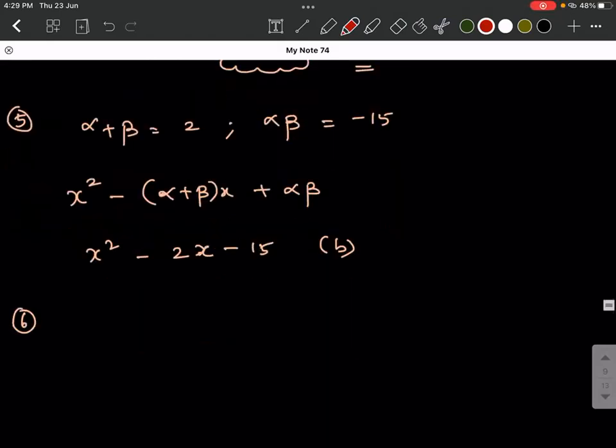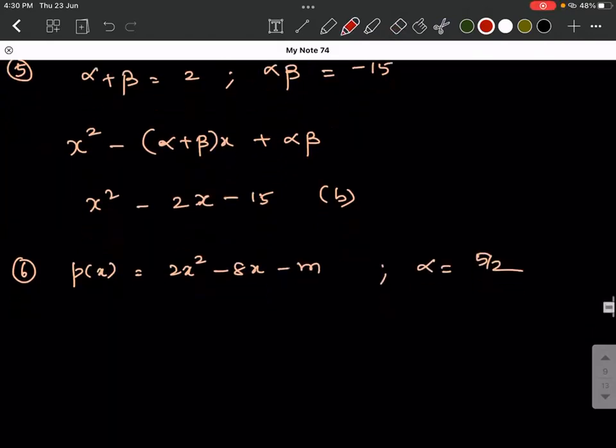Sixth one. The given polynomial p of x is, read it, minus 8x minus m. If one of the roots is 5 by 2, find the other root. Can you do that?